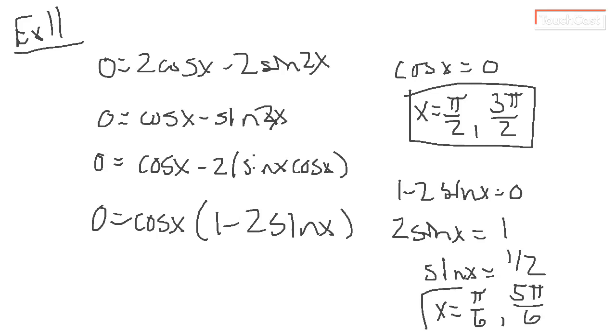So that means at x equals pi over 2, 3 pi over 2, pi over 6, and 5 pi over 6, we're going to have a horizontal tangent line, and that's going to wrap up our lessons on the chain rule.